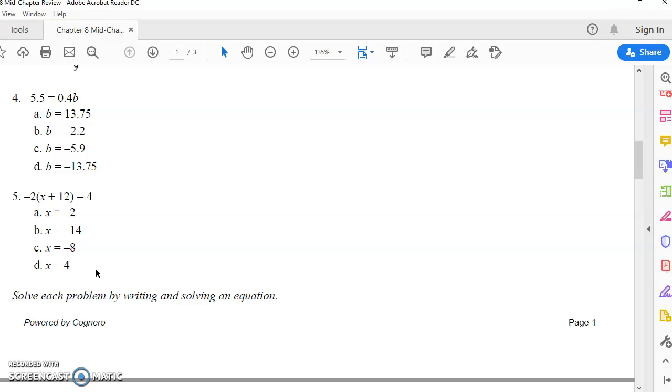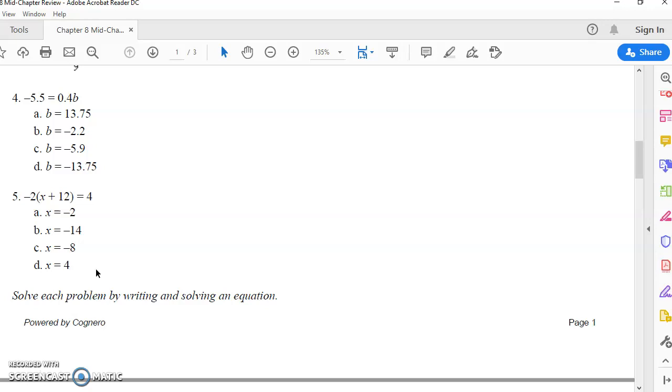In order for us to get -2x by itself, you have to get rid of -24. The way you do that is by adding. You're going to add 24 to both sides of your equation, and the equality property that I'm using is the addition property of equality. Once you cancel out -24, you will then have -2x equals 28.